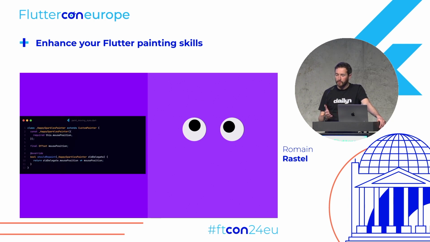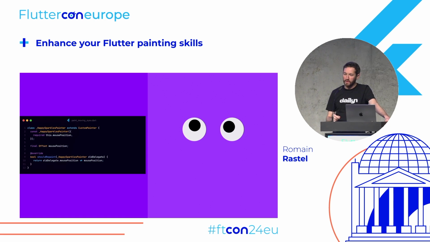changes. So here, I provide a mouse position to my pointer, and when Flutter sees that the custom painter instance is different than the old one, it will call the should repaint method here. And it will call it with the new instance, and it will provide the old instance to that method.